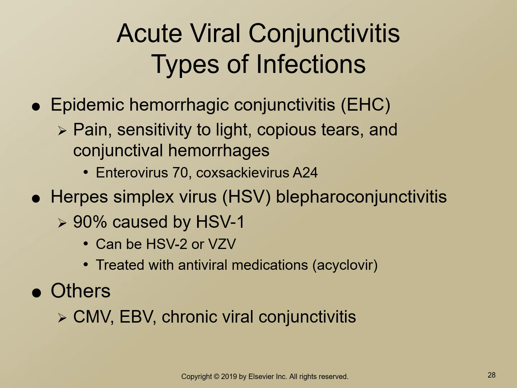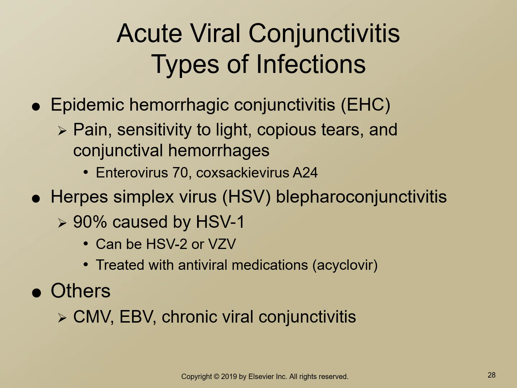The onset of symptoms occurs within 8 to 48 hours of exposure, and patients typically complain of pain, sensitivity to light, copious tears, and subconjunctival hemorrhages. This is a self-limiting infection and has no specific treatment.